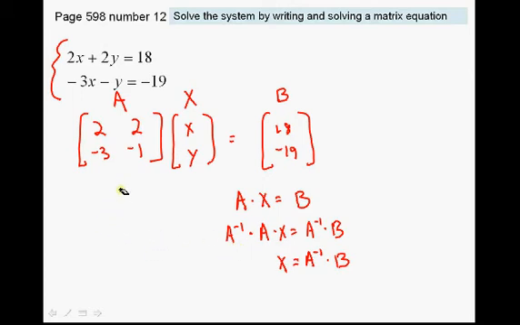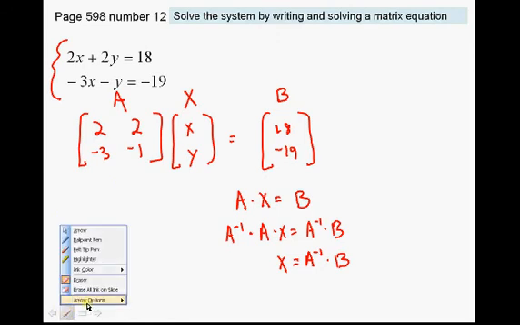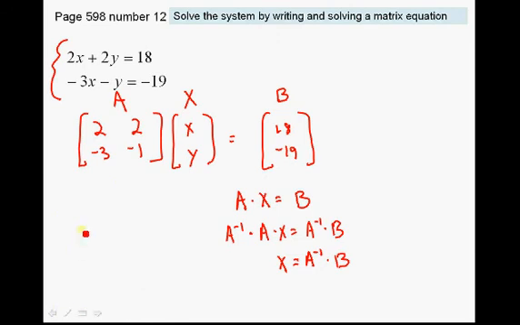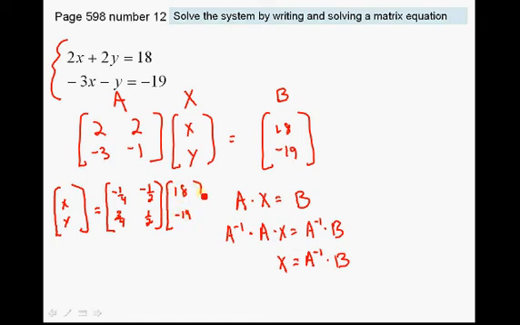And so to do this, we're going to have the matrix x, y is equal to, right, we came up with our inverse, and that's negative 1/4, 3/4, negative 1/2, and 1/2, right, because that's the inverse, times B, which is 18 and negative 19, right?